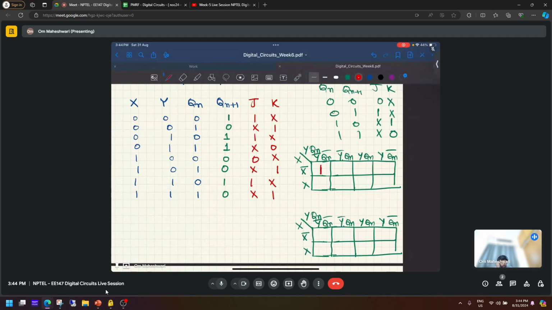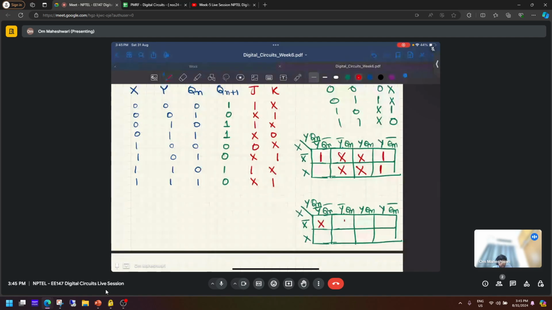So 1, then it is cross, then it is 1 here, cross, 0 here, it is cross, 1 and cross. This for K, it is cross, 1, cross, this is 0, cross, 1, cross, this is 1.